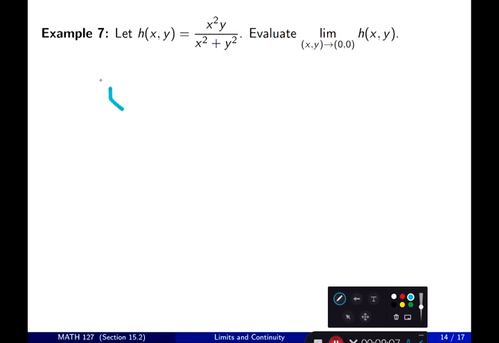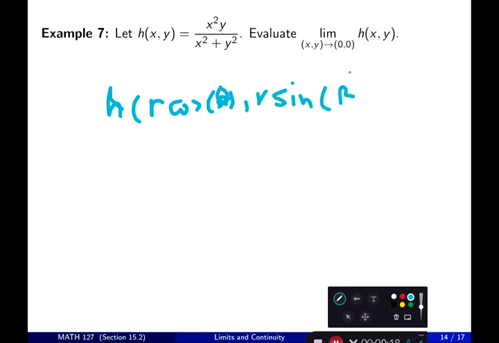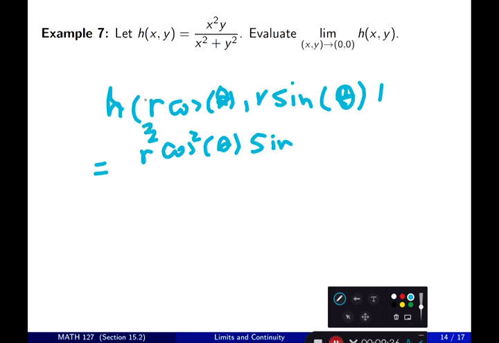So h of r cosine theta and r sine theta is equal to r squared cosine squared theta and r sine theta, which makes it r to the 3 over r squared.